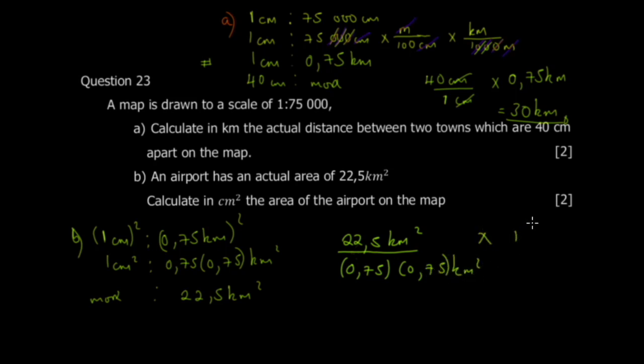Then multiply by 1 square centimeters. So what you do here is you multiply by 100 the top part, so that you can clear decimals at the bottom. So you'd get 22.5 multiplied by 100, and you'd multiply by 100 again to clear this one.